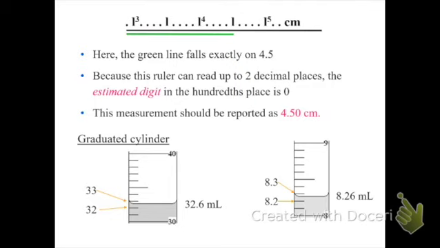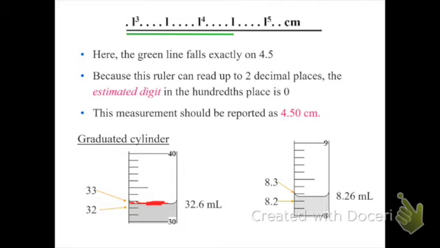So we write what we know, 32 point, and then we estimate the digit. When you are estimating here, you read the meniscus, the bottom of the line. So we'll say it's 32.6, or 32.7. Somebody might say it's 32.5. You are all correct. As long as you don't change 32, the last digit can always change.